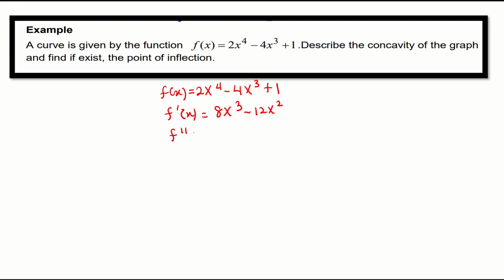We need to find the second derivative. f double prime equals 24x squared minus 24x.